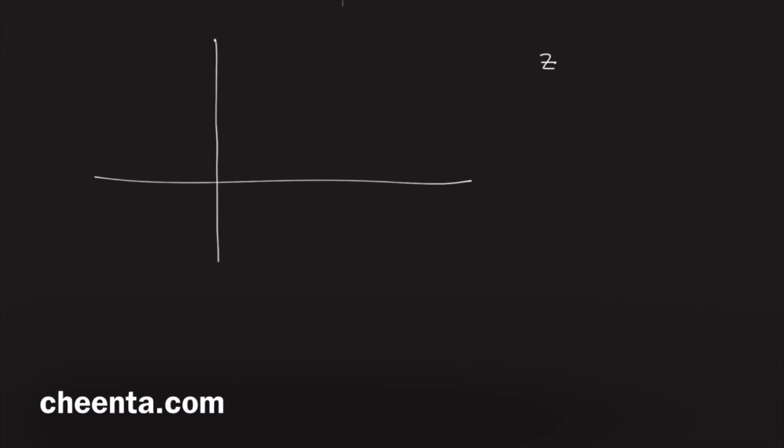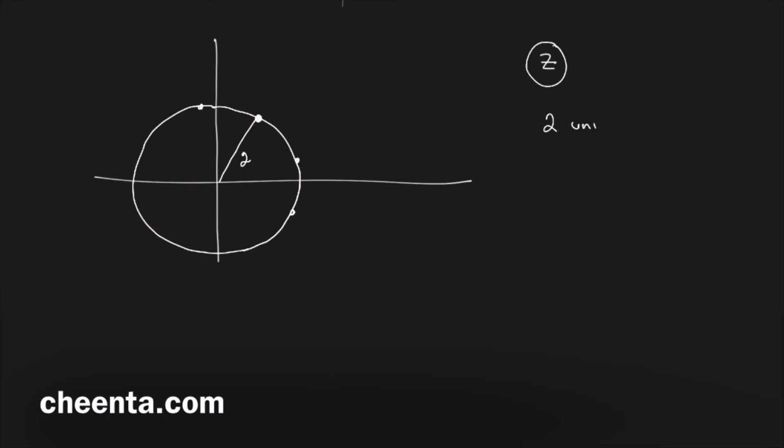So maybe I can draw it here like this. So z is lying on this circle, all the points on this circle. The radius of this circle is 2 units, and the fact that z is 2 units from origin geometrically means that z lies on this circle of radius 2.